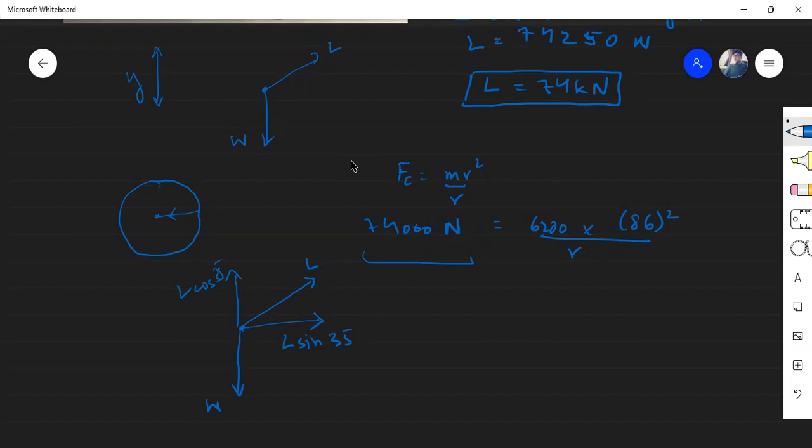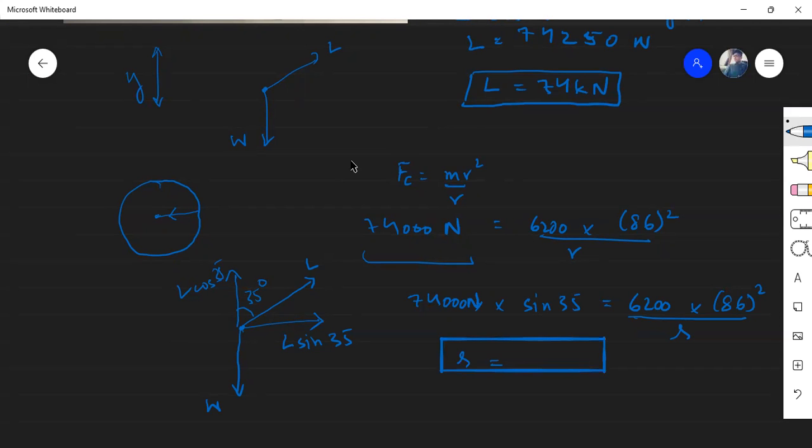So what you'll do is make a small change here: 74,000 newtons times sine 35, where this angle is 35 degrees, is equal to 6,200 times 86 squared divided by R. The rest is correct. Just make R the subject and tell me the right answer now.